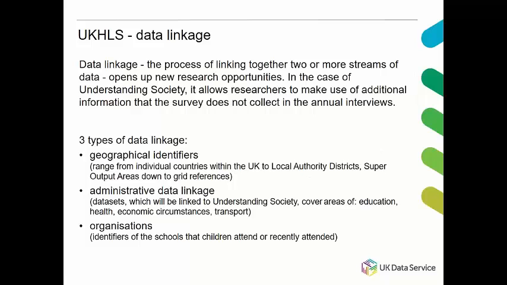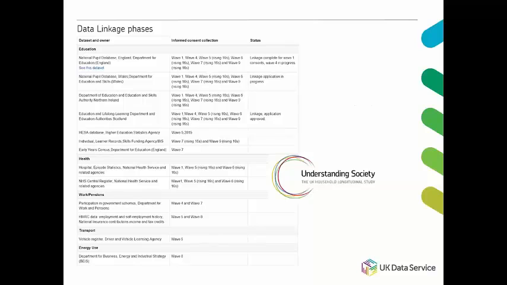So, as I mentioned before, linkage is a huge topic. There are three types of data linkage. One is geographical identifiers, another one is administrative data linkage, and here that is education, health, transport, economic circumstances, etc. And then organizations, such as the schools that children attended or recently attended or attend.